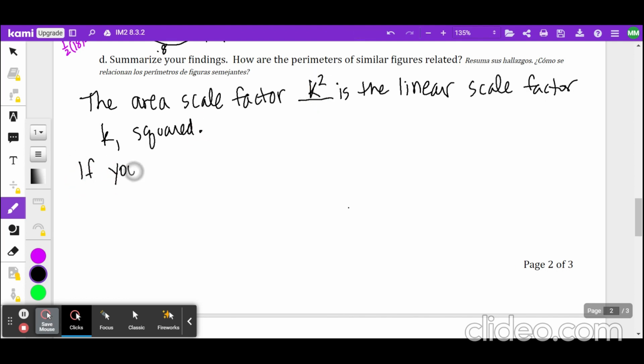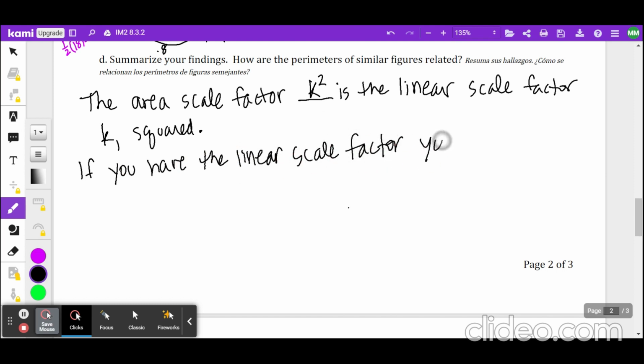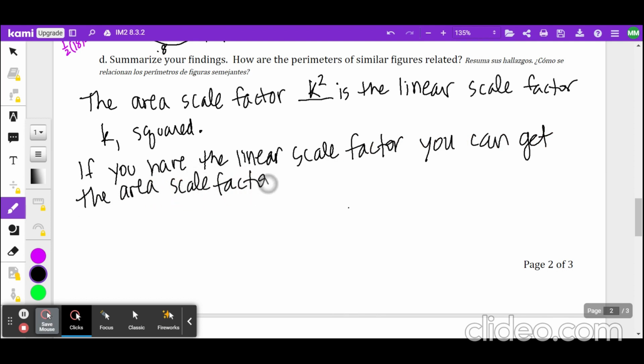If you have the linear scale factor, you can get the area scale factor by squaring it. Period.